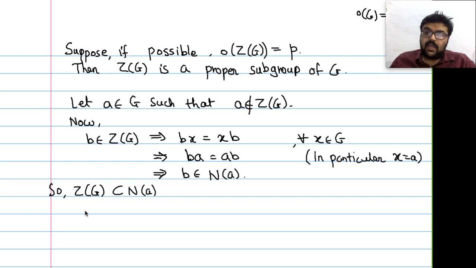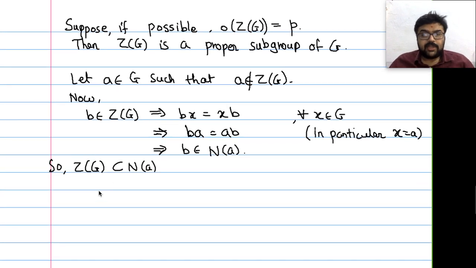But if an element is in N(a), there is no guarantee that it commutes with every element. We only know that it commutes with a. Okay, but can we show that this is a proper subset? Yes, this will be a proper subset because a belongs to N(a), since a commutes with a, a equals a. So a belongs to N(a) and a does not belong to Z(G).